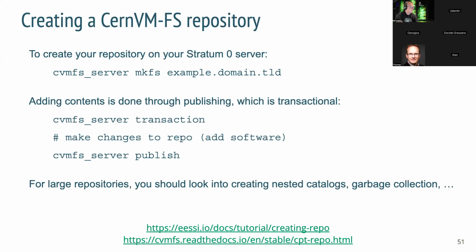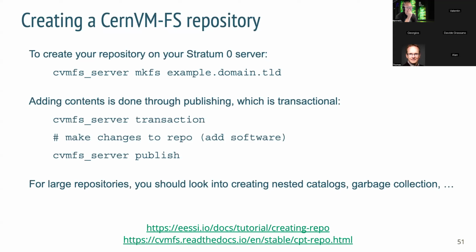If you're talking large repositories, so say hundreds of gigabytes, I guess from that point onwards, you need to really pay close attention. Maybe you want to have nested catalogs, as Valentin mentioned when we were going through the dashboard. If things get really big, maybe you need to start splitting it up a bit in terms of metadata in the catalogs. Maybe you'll have to do garbage collection if you add and remove software installations all the time.